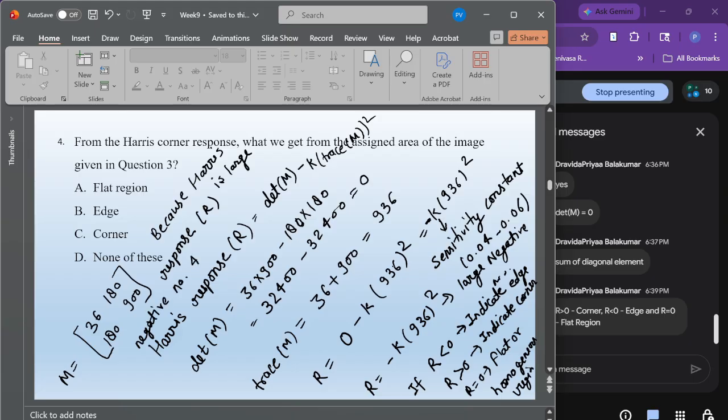So it indicates that the area is an edge. So the correct option is option B. Edge is the correct option for this question.